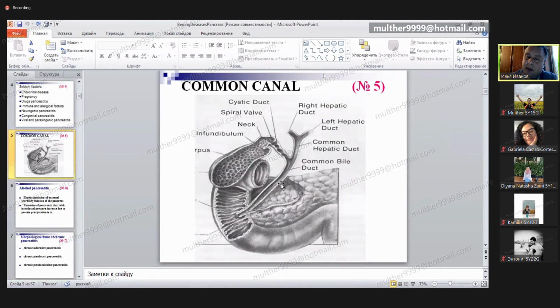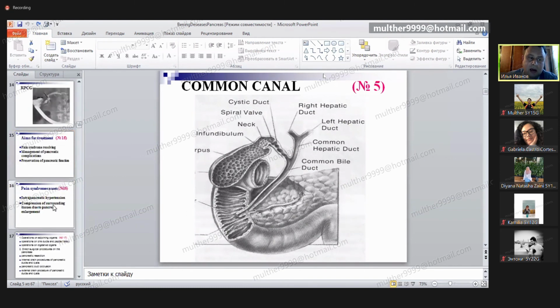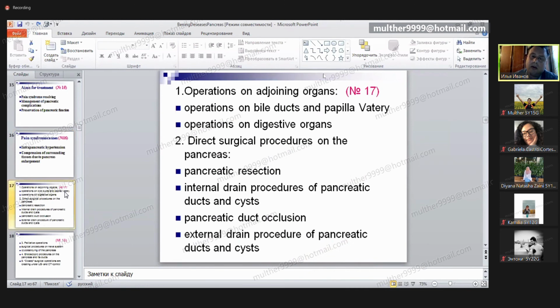Without the treatment of some problems of the common biliary duct and papilla water, for example strictures of the papilla water, diverticulosis of the papilla water, adenomas of the papilla water, ascaridosis of the papilla water, there is no real possibility of reducing the relapsing cases of chronic pancreatitis.